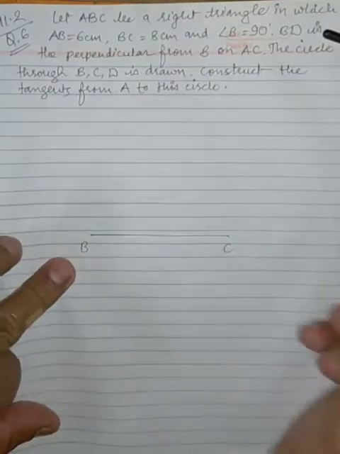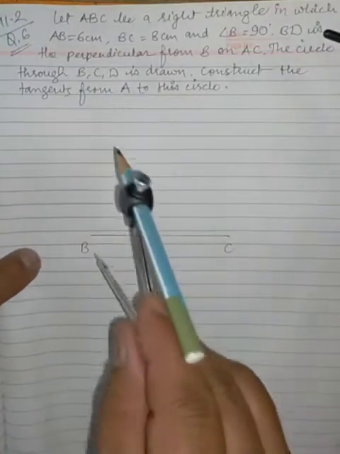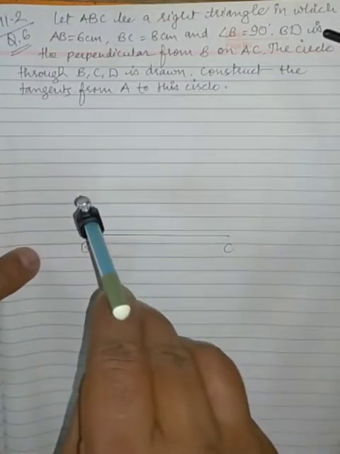BC, our base. Now from B as center we have to construct an angle of 90 degrees.